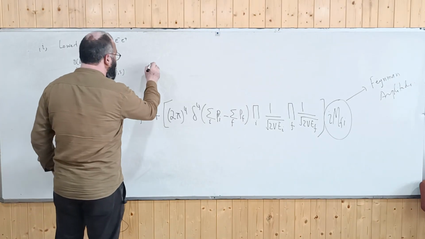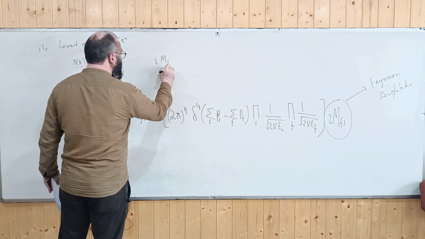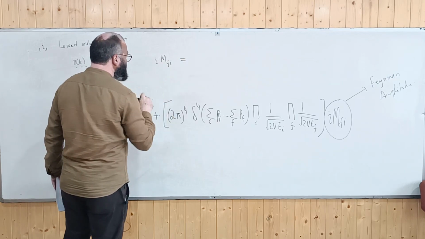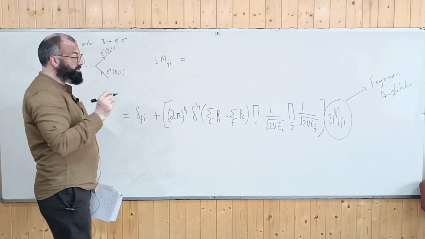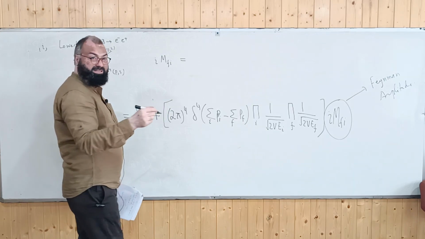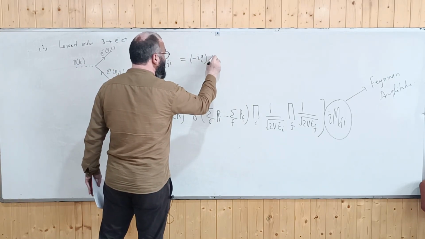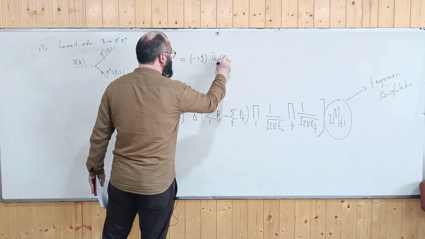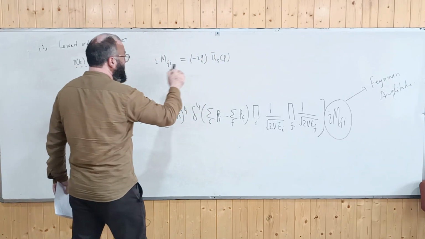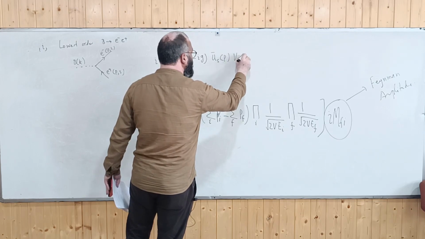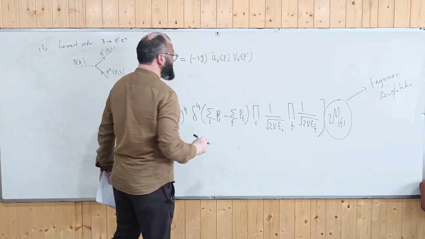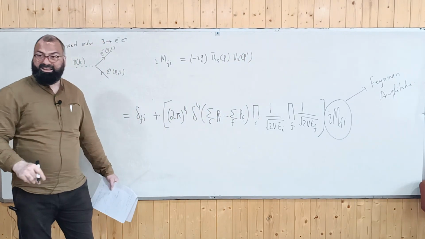So now tell me what is the Feynman amplitude here, which we have calculated. Just look at the calculation. That is simply iG. Then you have the U bar S of P for the external line, and V S prime.